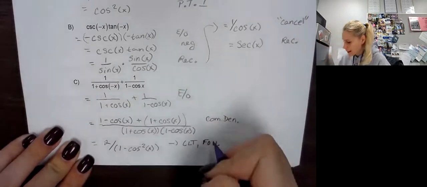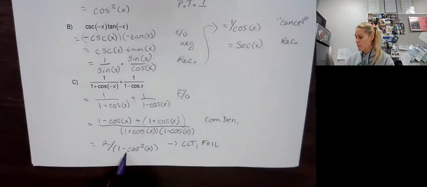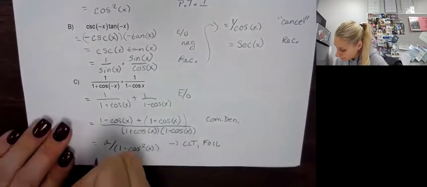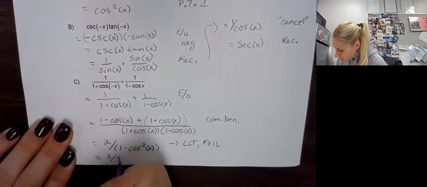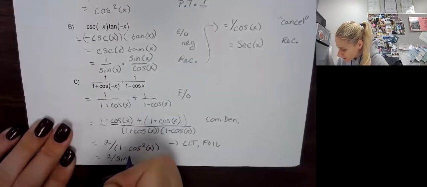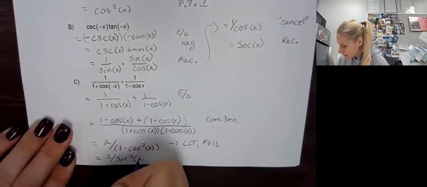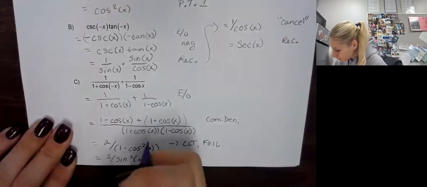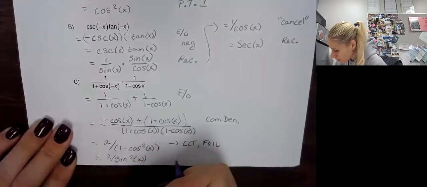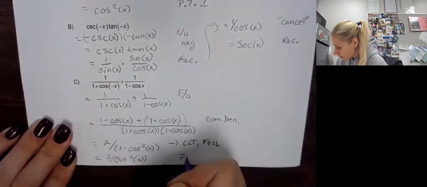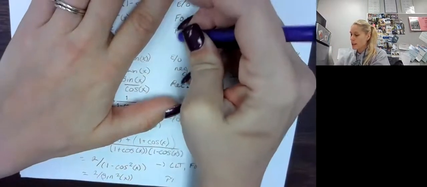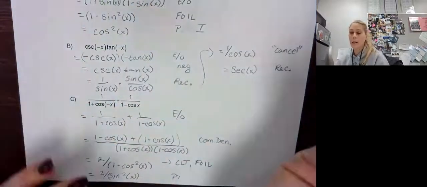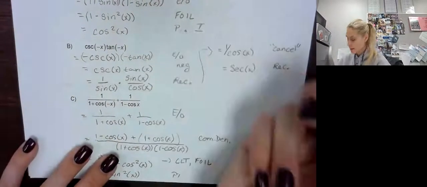And for my last step, can you guys recognize this 1 minus cosine squared x? That's the Pythagorean identity. So 2 over sine squared x. Pythagorean, I don't know why I said Pythagorean theorem. Pythagorean identity. Crazy, guys.